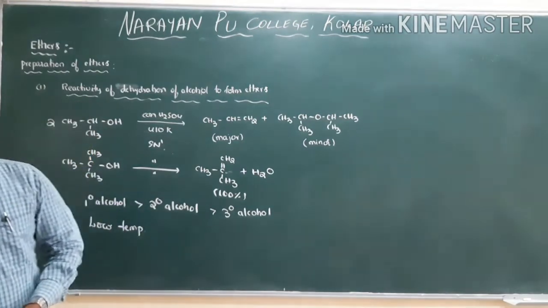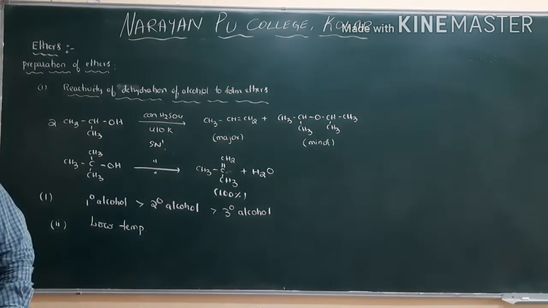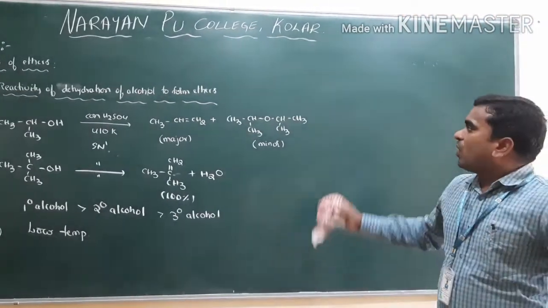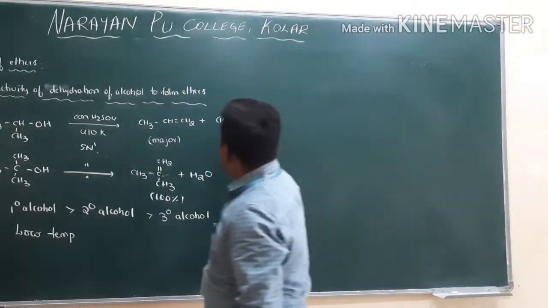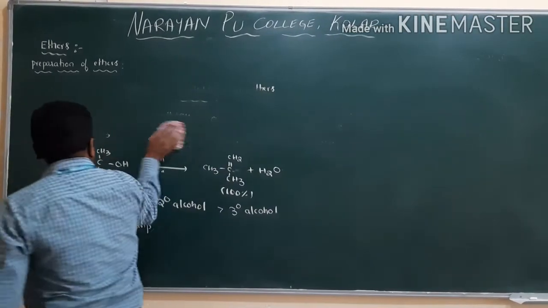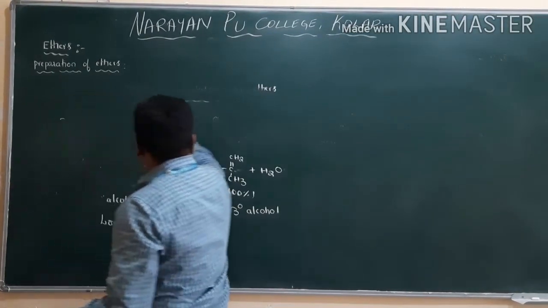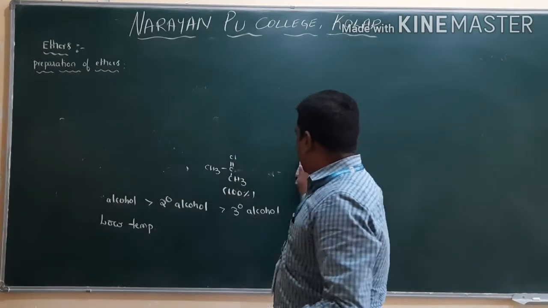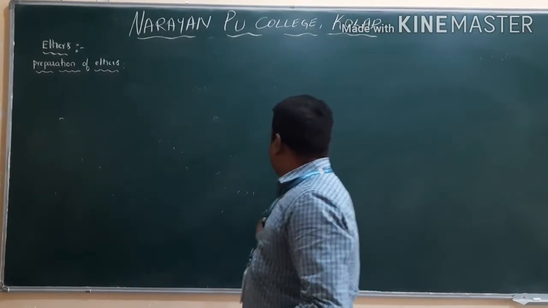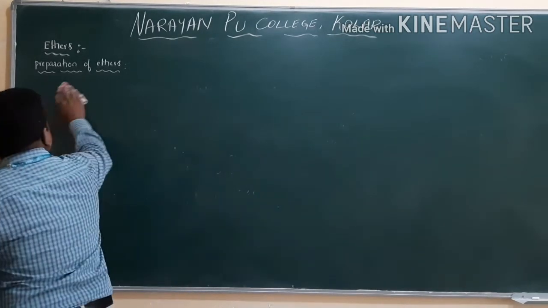And the next one is a very important reaction, Williamson's reaction. So what is Williamson's reaction? We have already discussed Williamson's reaction in haloalkanes and haloarenes. Do you remember that Williamson's reaction?